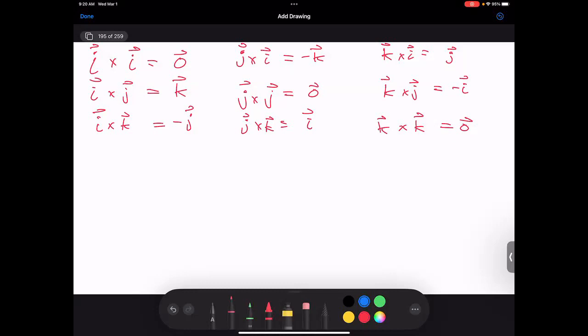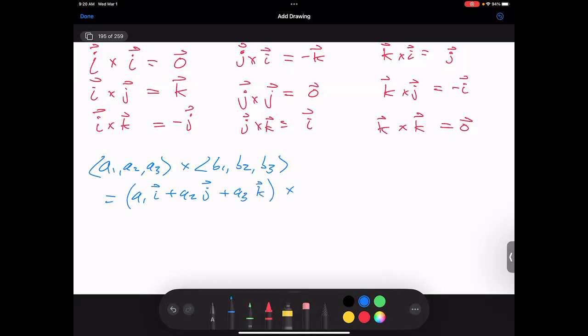So if I wanted to give you, say, A1, A2, A3 cross B1, B2, B3, this would be A1 I plus A2 J plus A3 K cross B1 I plus B2 J plus B3 K. And now when I go through this, I've got 9 terms.